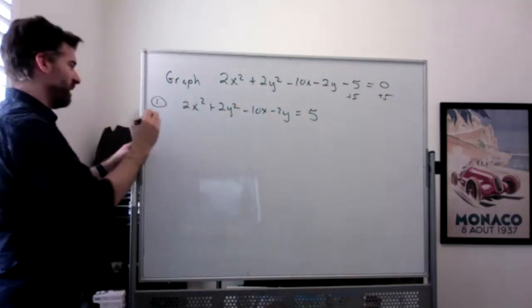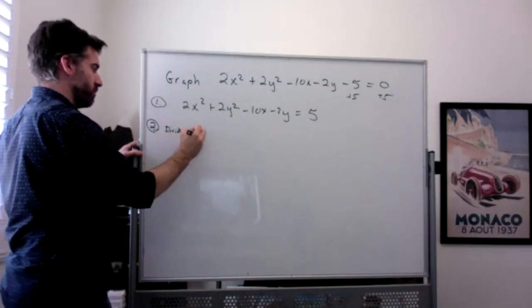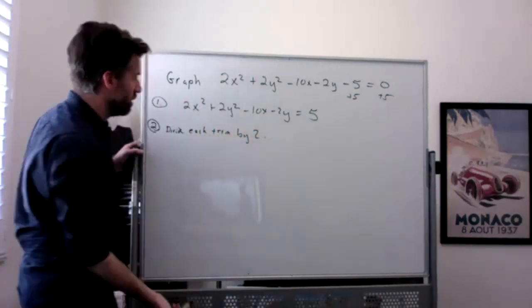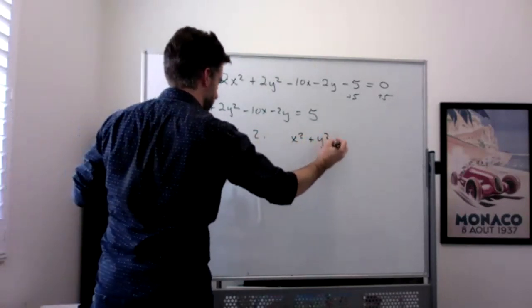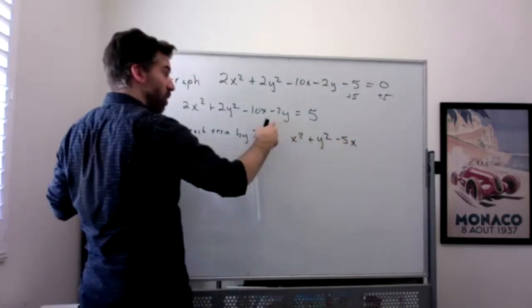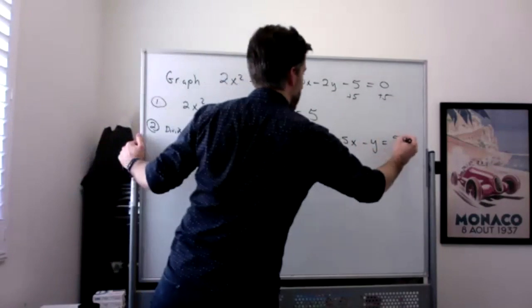And then I'm going to divide everything by 2. So I'm going to get x squared plus y squared minus 5x minus y equal to 5 divided by 2, which is 5 halves.